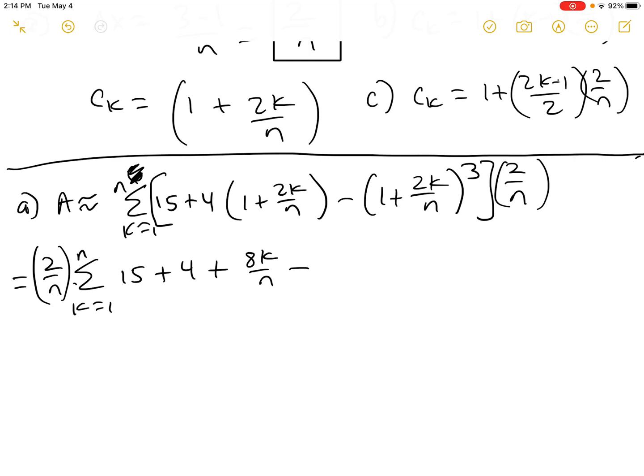But x is 1, and y is 2k over n. So that's 1 plus 6k over n plus 12k squared over n squared plus 8k cubed over n cubed. Is that right?